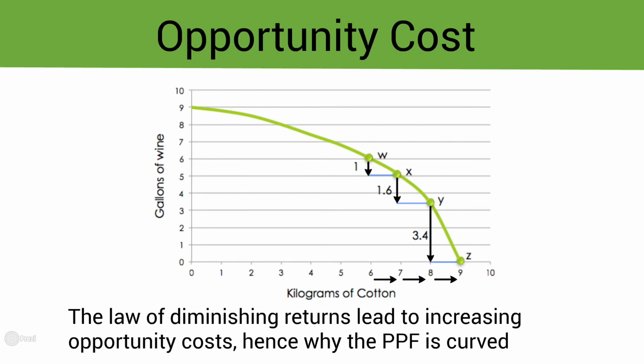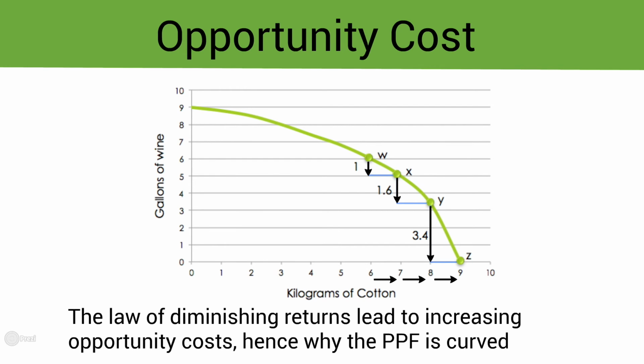So moving from point Y to point Z, the opportunity cost of increasing our production of cotton by 1 kilogram is 3.4 gallons of wine, which is greater than it was when we were at point W or at point X. Therefore, as we move towards putting more of our resources into the production of one good, the opportunity cost of that good increases.